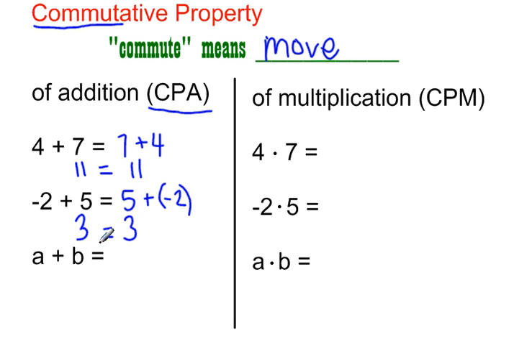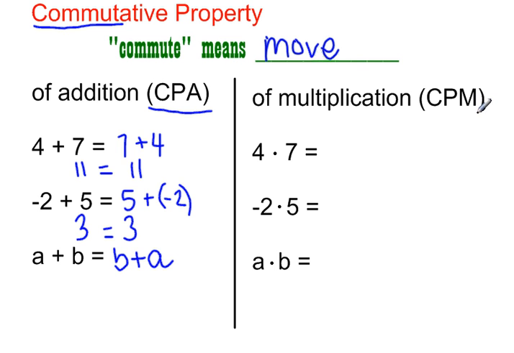Same idea. And here it is algebraically. And this is the one that shows that this is true for any numbers, the number a and the number b. A plus b is equal to b plus a. For addition, I am allowed to move the pieces around.